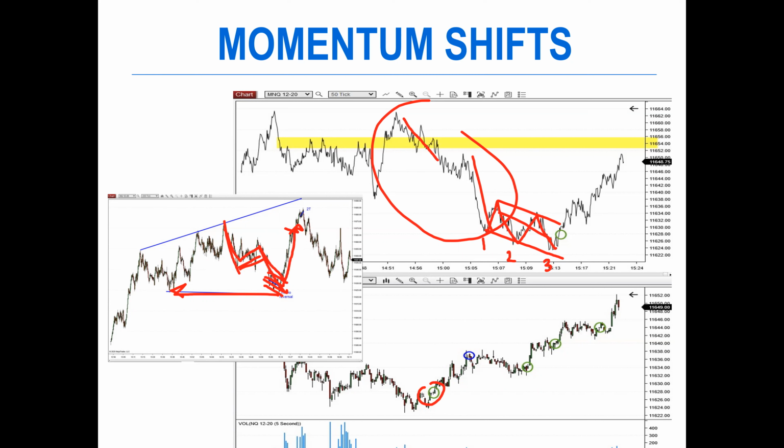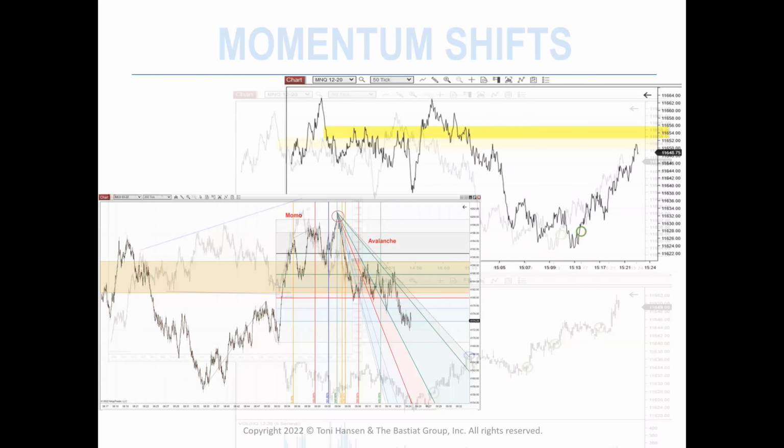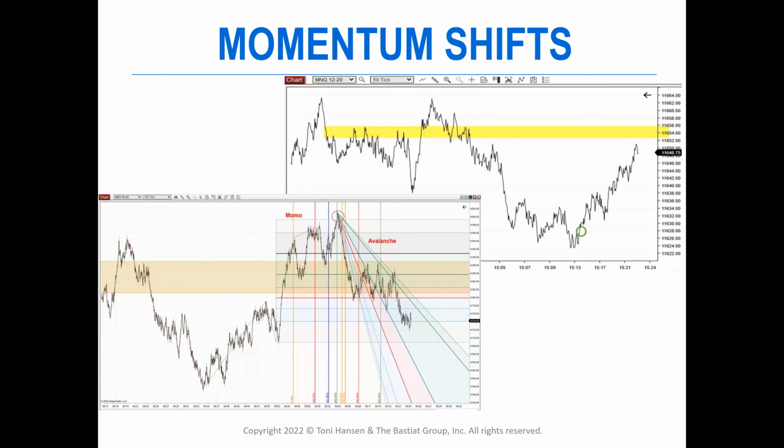So if we look at a recent chart in the market, we can actually see this in the Dow, and I'll pull up the Dow in a second. But here is a recent one from one of my traders. They posted where they had, again, those two main impulse moves.